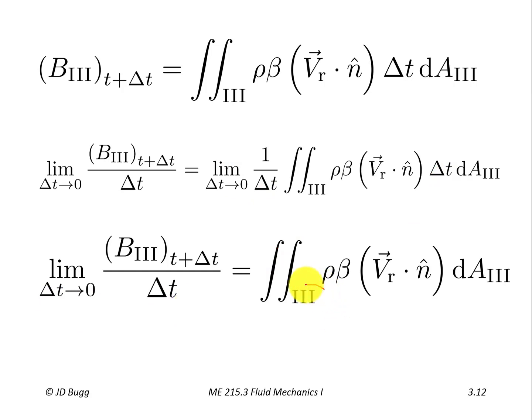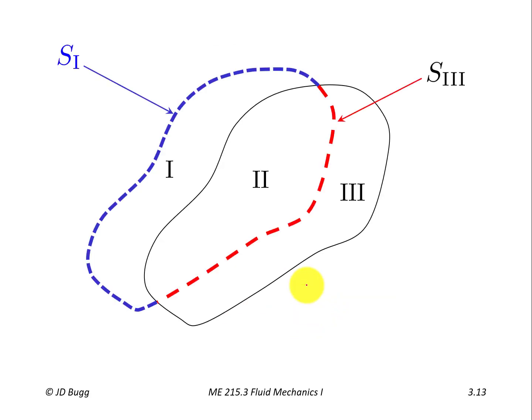So let's just be clear on what we mean by integrate over region 3 here. If we go back and look at a colorized version of our picture, remember the dotted line is our control volume, solid line is our control mass, and we have these 3 regions identified.